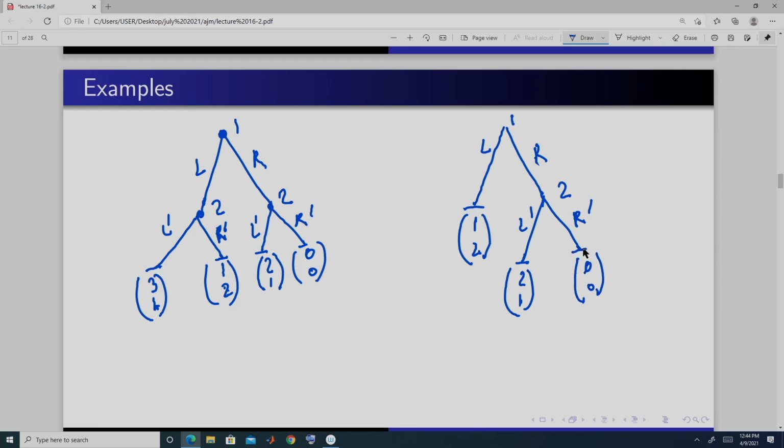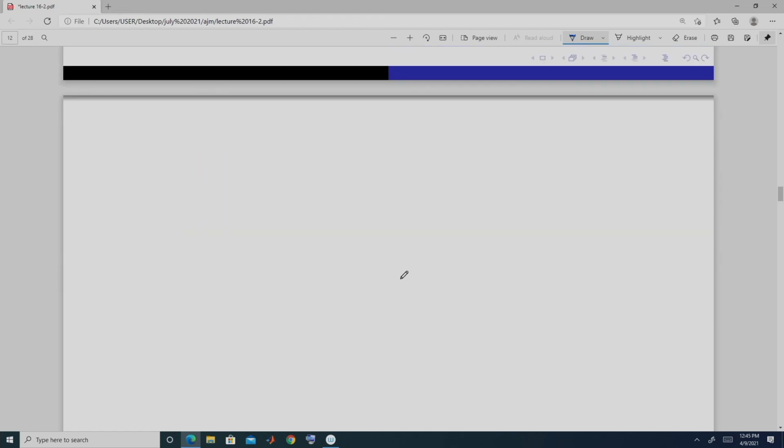Now suppose player 1 has chosen R, then player 2 is here. It will compare between 1 and 0. If it plays L dash, it gets 1. If it plays R dash, it gets 0. So player 2 is going to choose L dash.